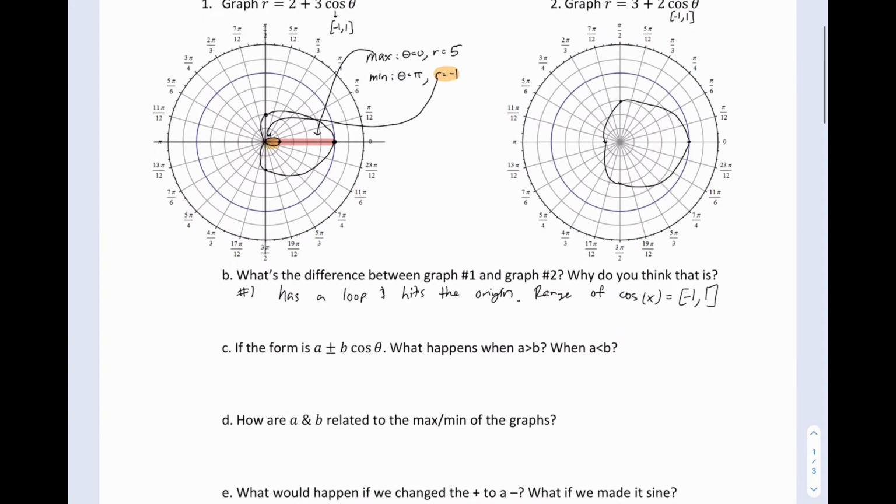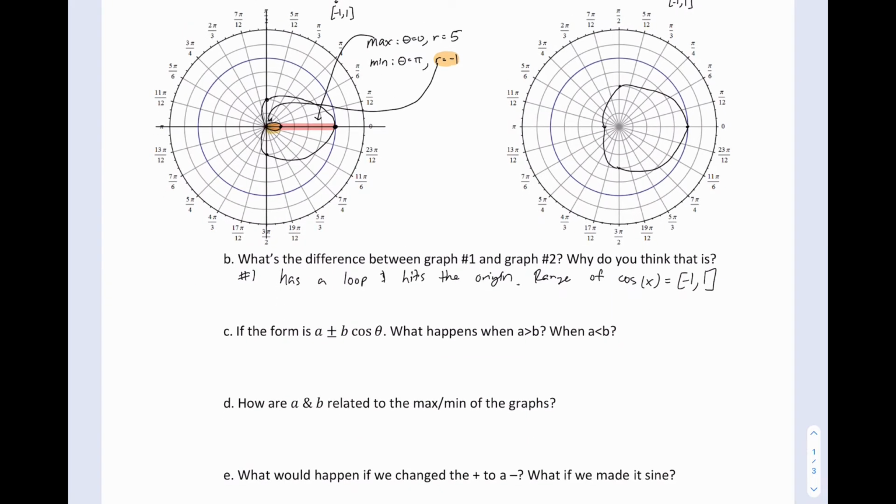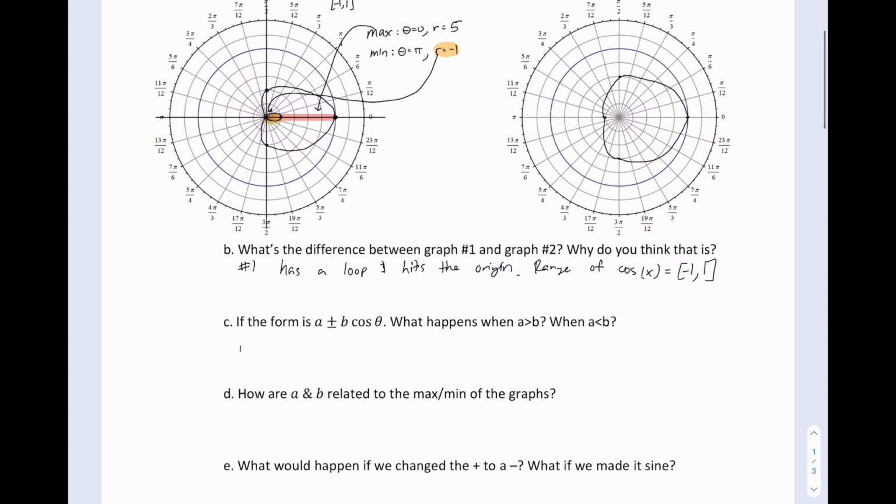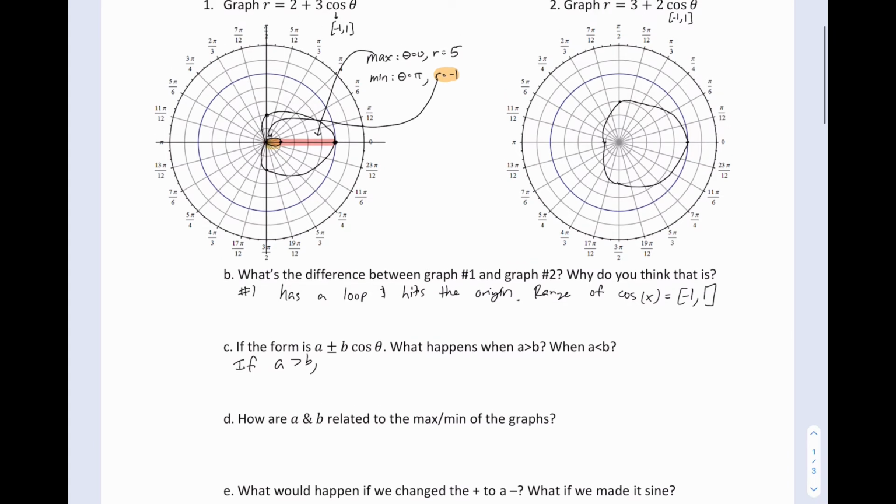Okay, so let's go down to b. If the form is a plus minus b cosine theta, what happens when a is bigger? What happens when b is bigger? So basically just kind of summed it up there. If a is larger, I mean the first number is bigger, there is no loop, and it won't hit the origin.